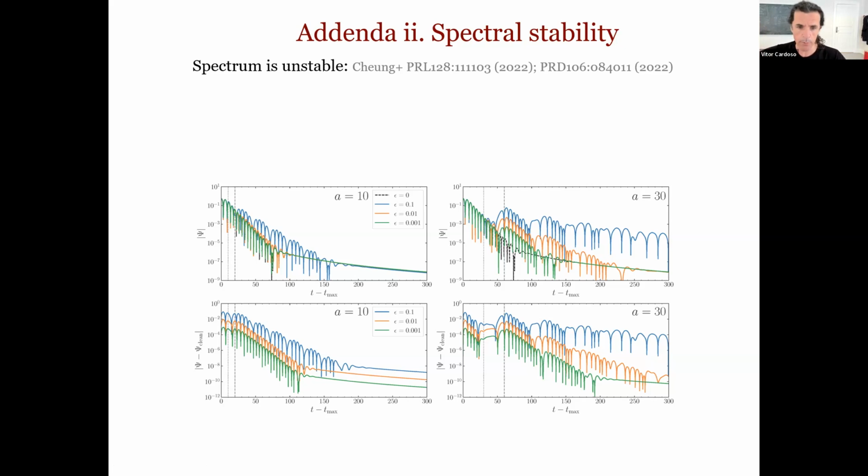The amplitude of the bump varies. It's 0 for the black line, so it's the vacuum case, or 10 to the minus 3 or so for the smallest epsilon. The lower panels show you the difference in the response between the case with the bump and the vacuum case. And what you find is a lesson that we learned.